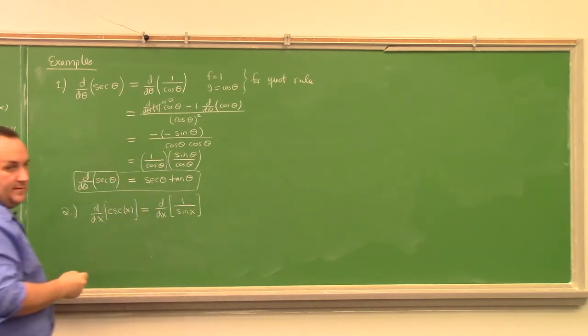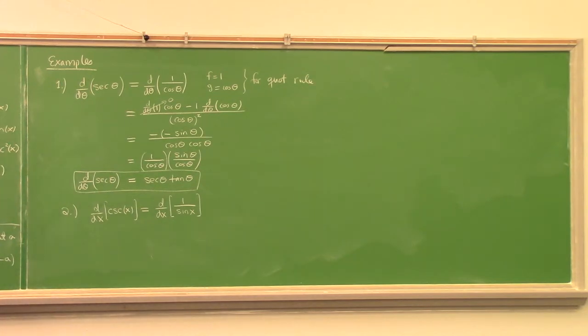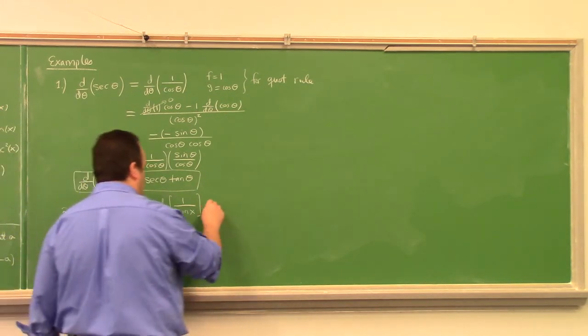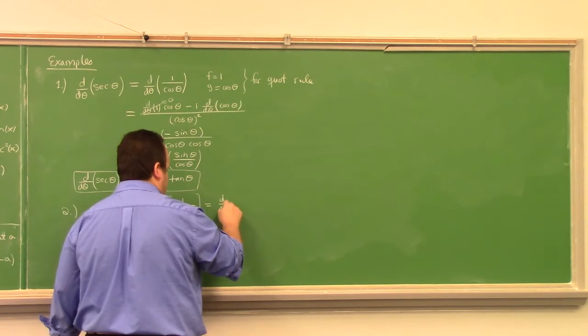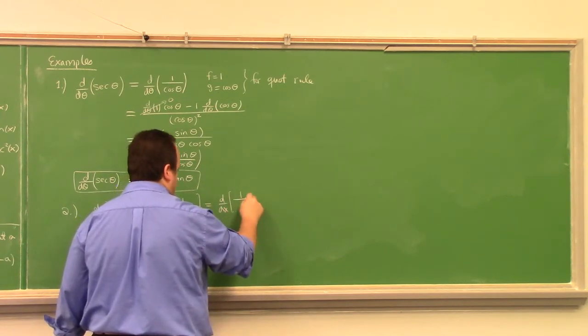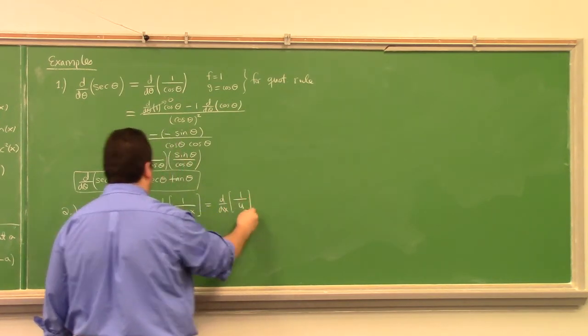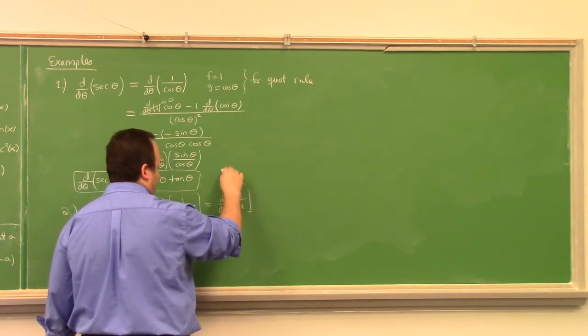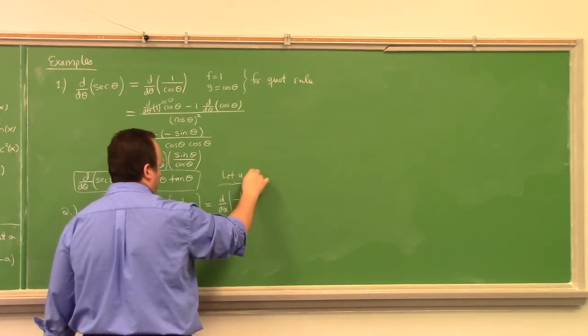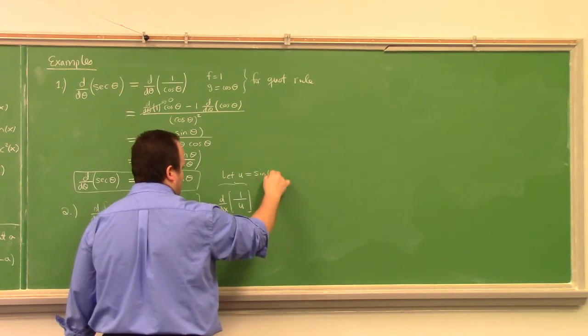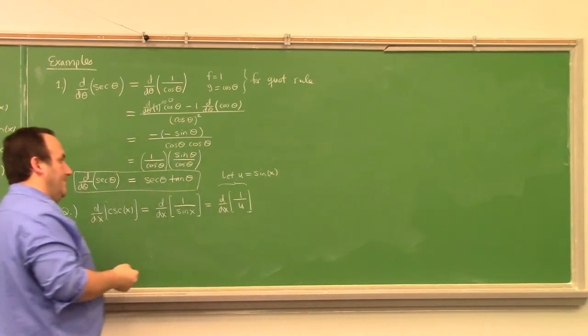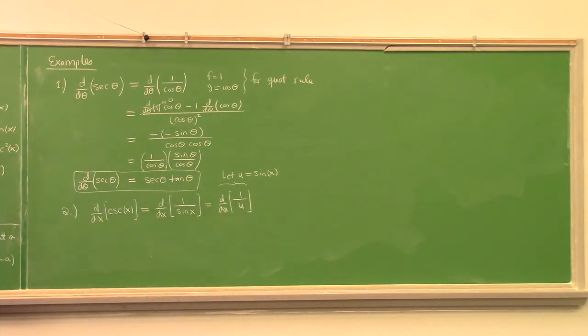All right? And rather than using the quotient rule, I'm going to show you how we can do this one with the chain rule. Okay? See, this is really the derivative with respect to x of 1 over u, right? If I set what? Let u equal sine x, right? Now, what's the derivative of 1 over u?